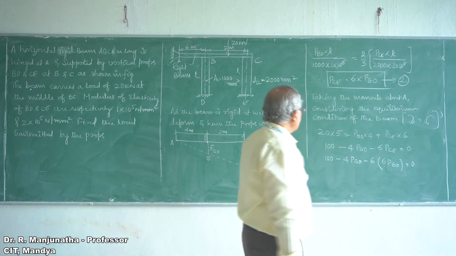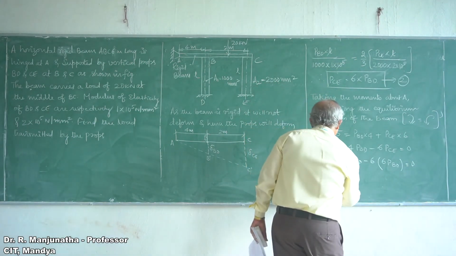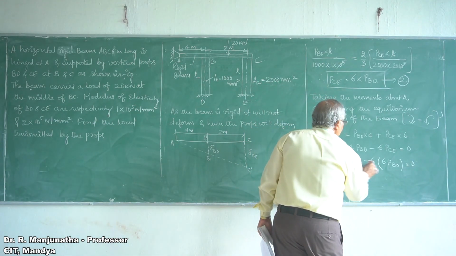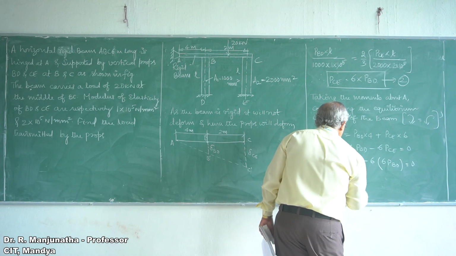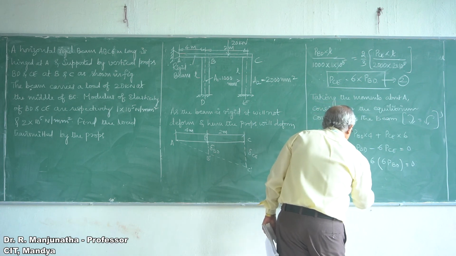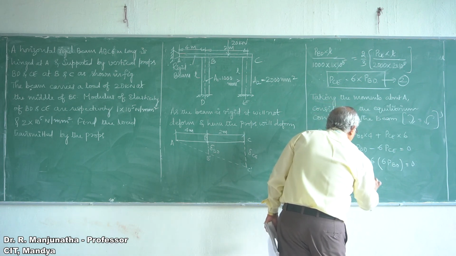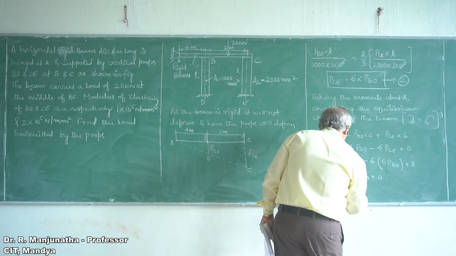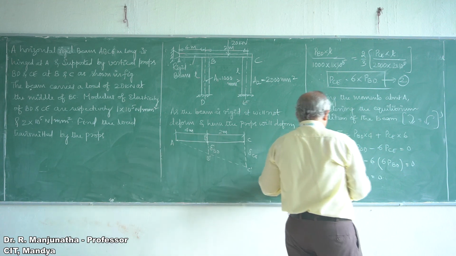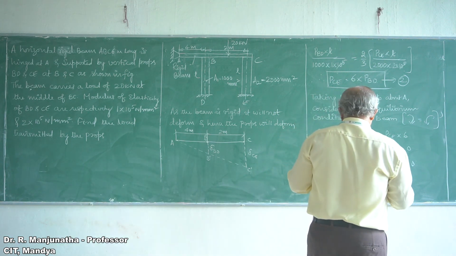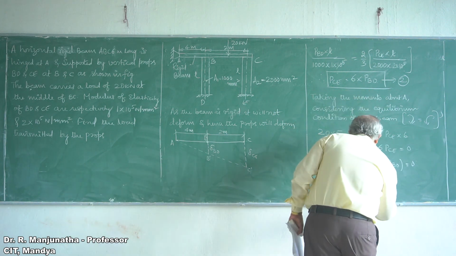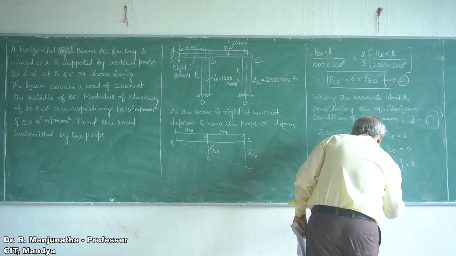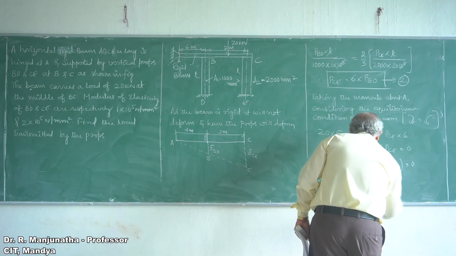Then 100 minus 36 minus 4, that is 40 PBD, equals 0. Therefore PBD will be equal to 2.5 kilonewton on simplification.